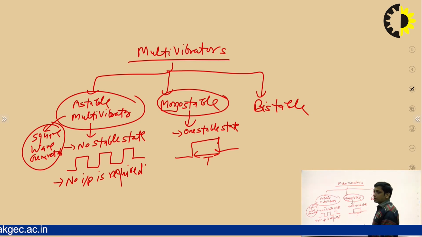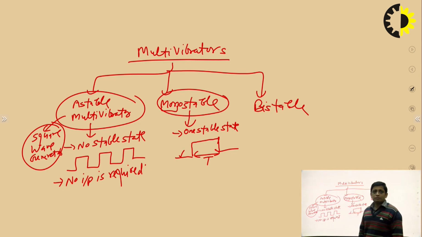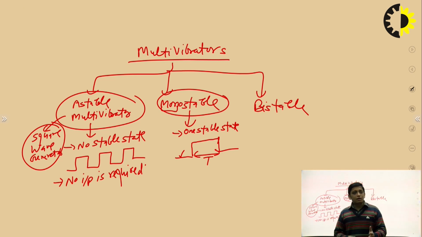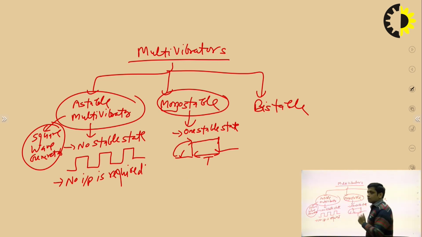So from here you can see that the logic 0 state is the stable state. Why is it stable? Because when the circuit is in logic 0 state, it does not go from logic 0 to logic 1 automatically. It goes from 0 to 1 only when the trigger input is applied. If the trigger input is not applied, it will remain in its stable state, that is logic 0.